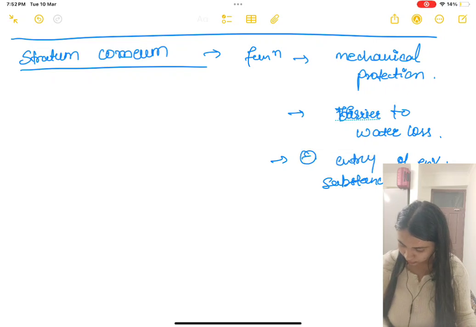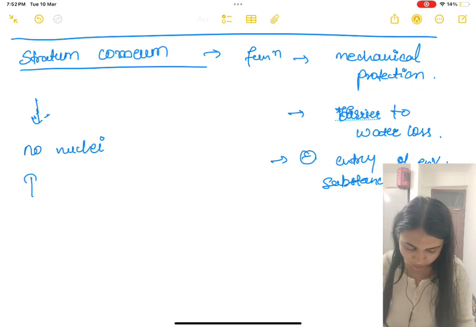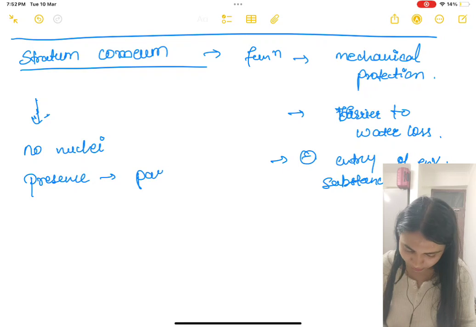Now this is in stratum corneum. It consists of keratin in a filaggrin-rich matrix. Normally stratum corneum cells have no nuclei, which is absence of nuclei. If there is presence of nuclei, then it is called parakeratosis.